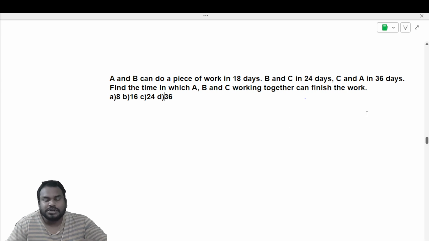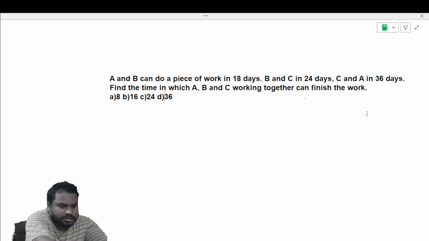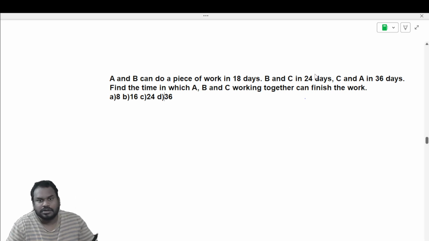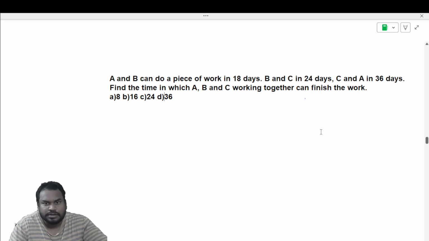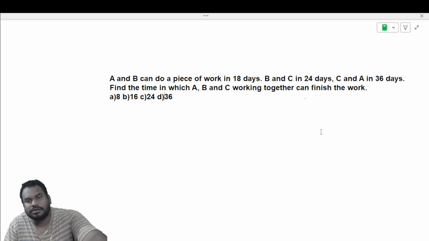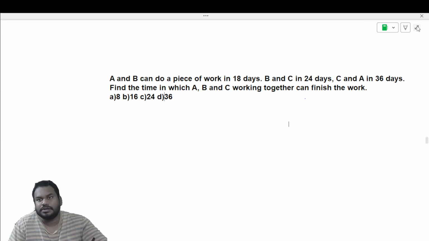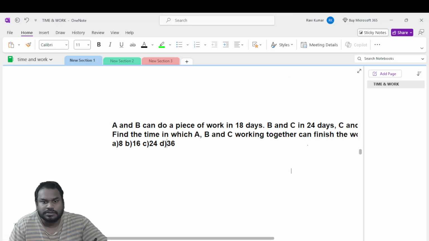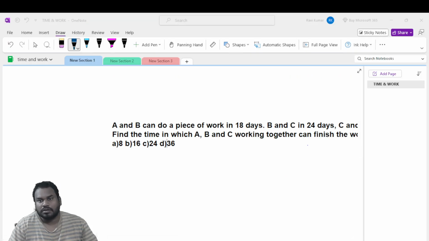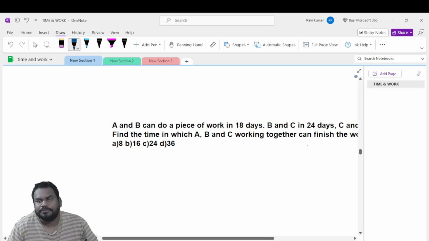That you need to remember. Time and efficiencies are reciprocal.